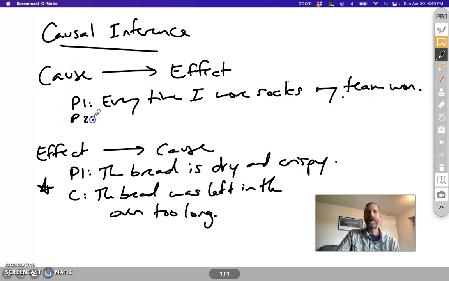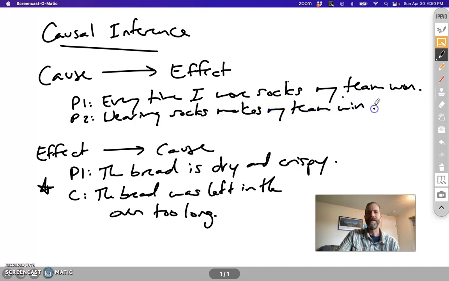Then premise 2 is the cause: wearing socks makes my team win. And then let's state another premise: I'm wearing socks. And then my team will win.